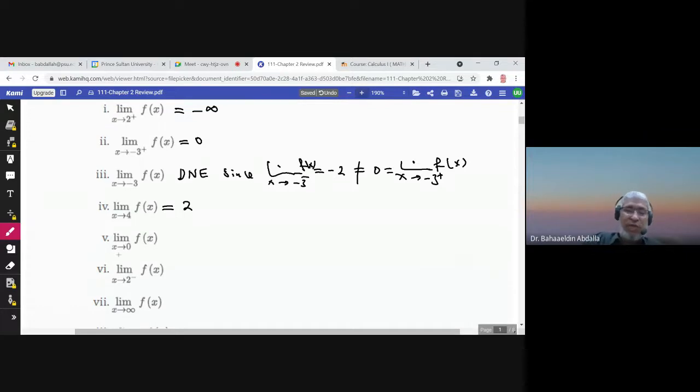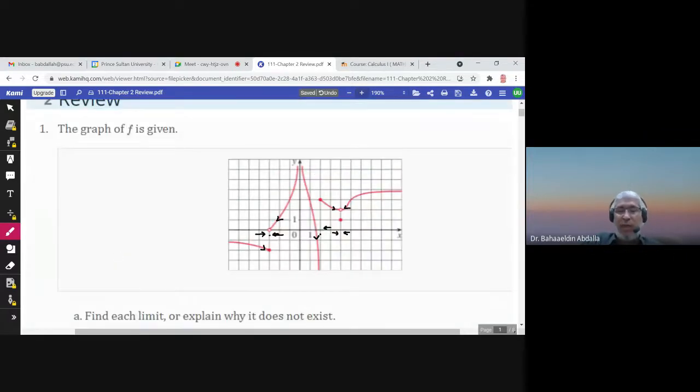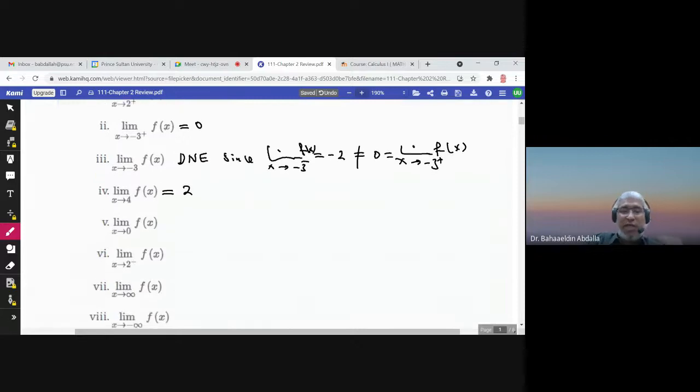What about when x approaches 0? Approach 0 from the right. The function goes to infinity. Approach 0 from the left. The function also goes to infinity. So I can say that the limit of f of x when x approaches 0 is infinity.